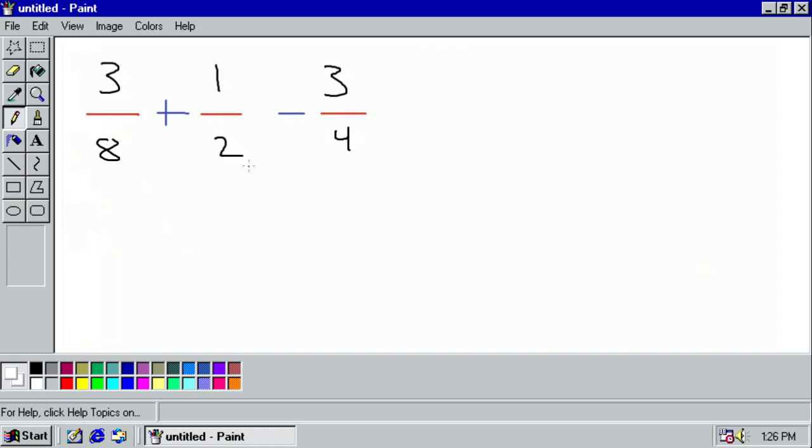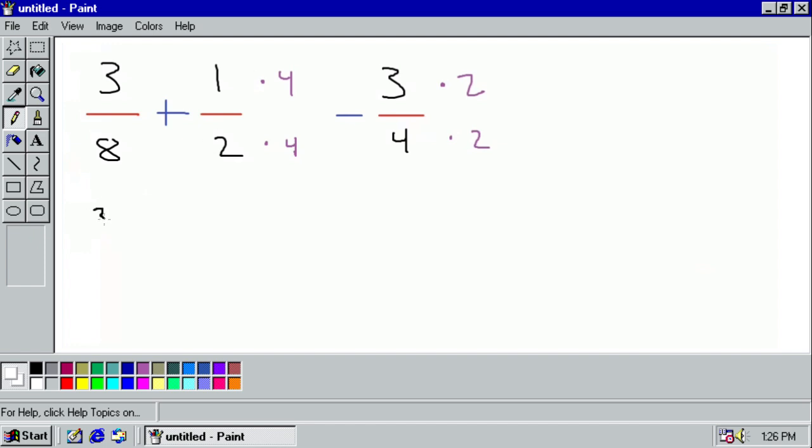So we have 2. What should we multiply to 2 so that it gives us 8? We should multiply it by 4. What we multiply on the bottom, we will multiply also on the top. What should we multiply to 4 for it to become 8? We need to multiply it by 2. We also need to multiply 2 on the top part.